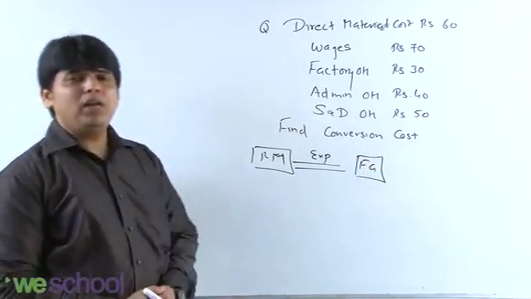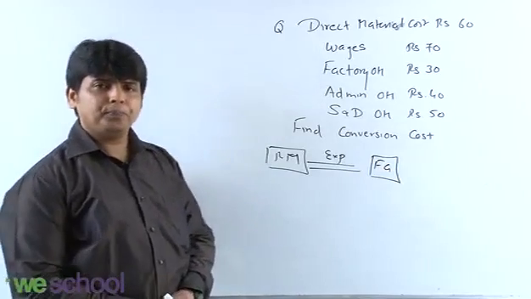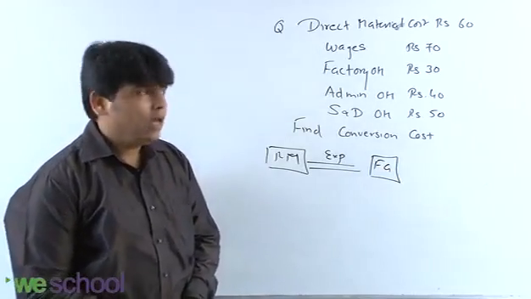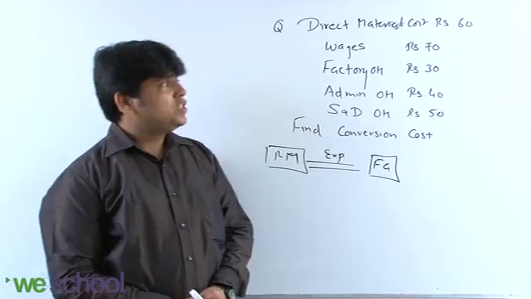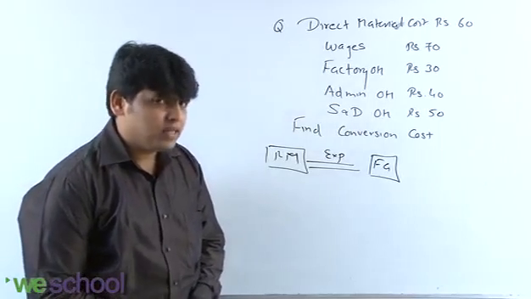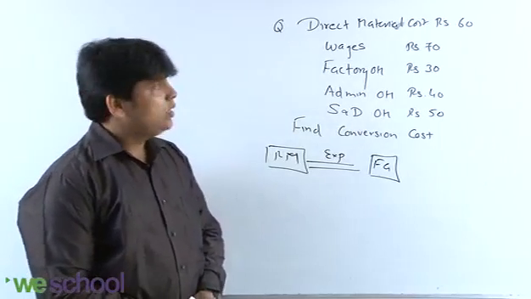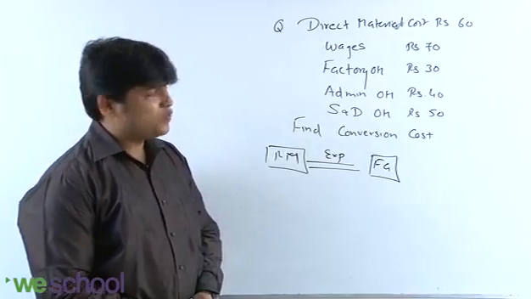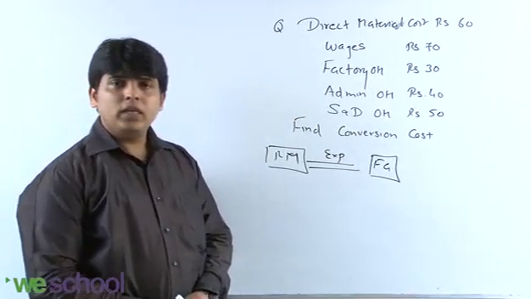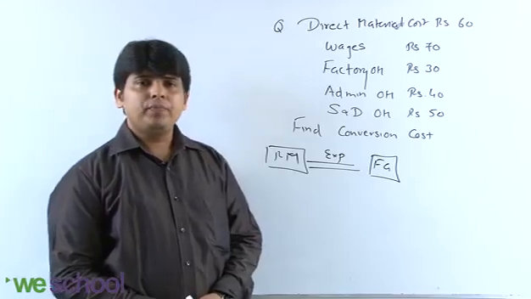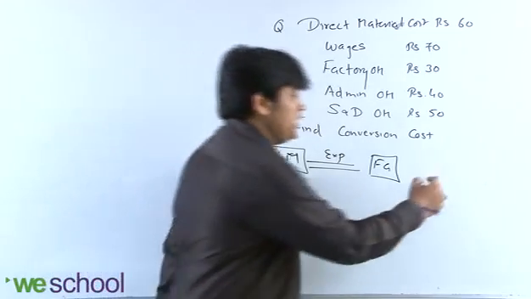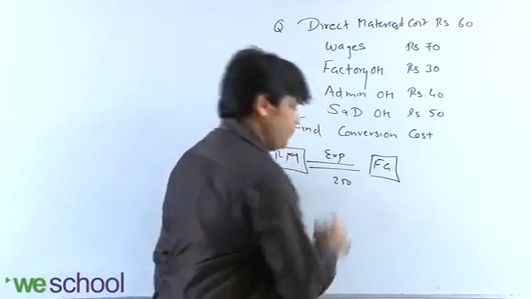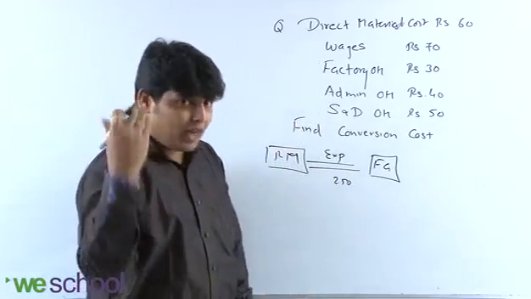Now from this example, can you tell me what is your conversion cost? Sir, 60 plus 70, plus 30, that is 160, plus 40, 200, plus 50, 250. Sir, the conversion cost is 250. This is the first answer I got from your side.